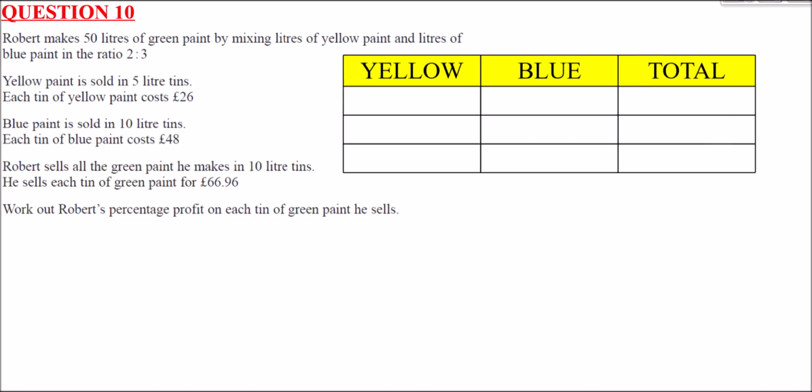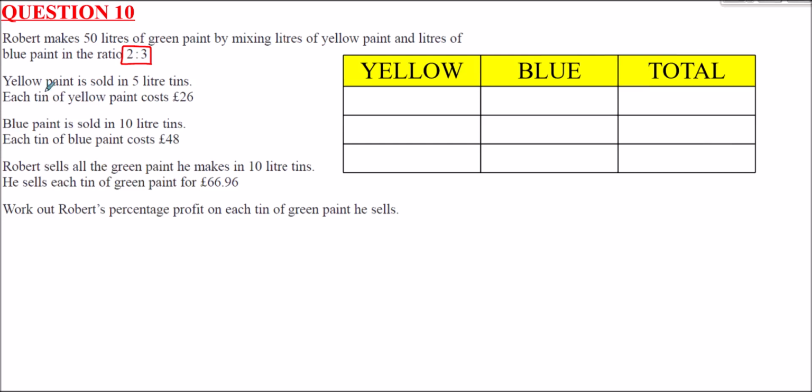And so we can't get away from this. It needs to be in the ratio 2:3. So we notice here as well, yellow paint is sold in 5 litre tins and blue in 10 litres. So what combination of numbers of yellow paint tins and blue paint tins would give us a ratio which is equivalent to 2:3?